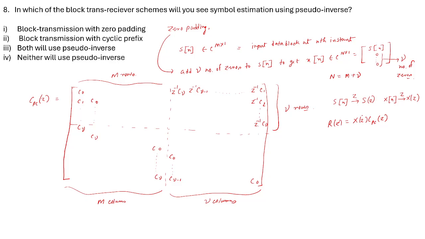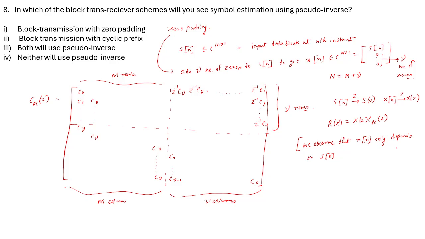And for this particular structure, we observe that Rn, the inverse Z transform of capital R of Z, only because of this zero padding, depends on Sn, that is the nth input data block at the nth instant.